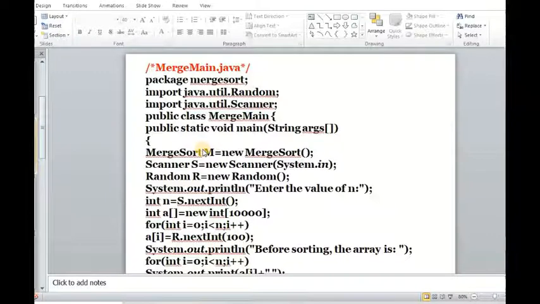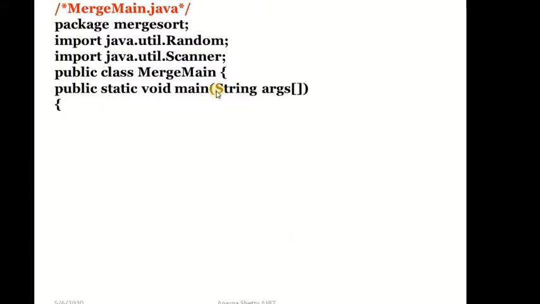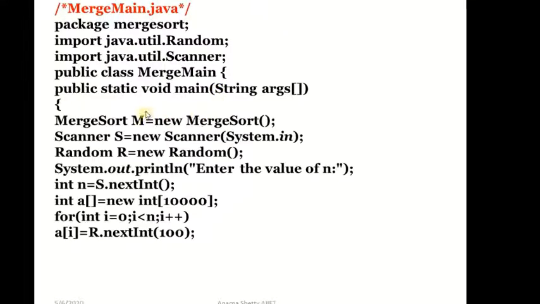For that class I am creating an object: here m is an object of the merge sort class. Next, s is nothing but the Scanner object, and in the next line r is the object of the Random class. Using this r object we can generate random numbers.